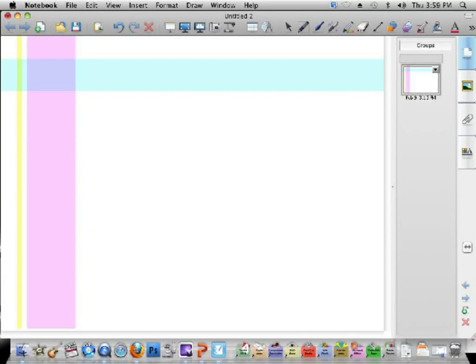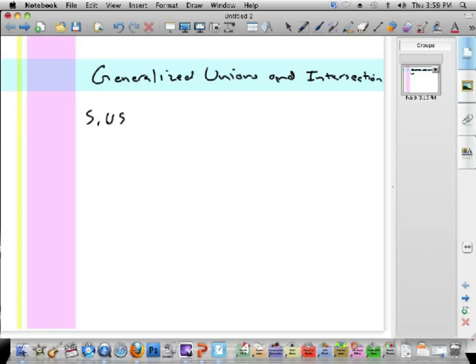Finally, the last topic we have to discuss is generalized unions and intersections. Basically, these are ways to write out much longer unions and intersections of different sets in simple notation. The notation for a generalized union is as follows. The union of set 1 and set 2 and set 3 all the way to set n is simply denoted as the union from i equals 1 to n of set i.